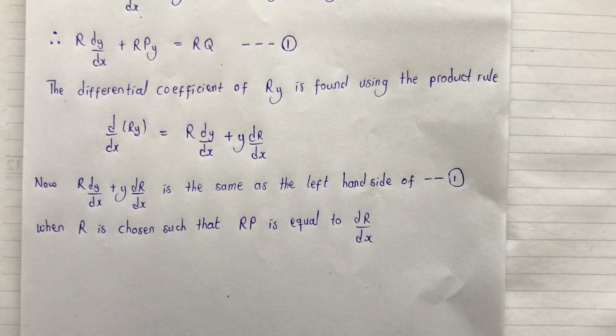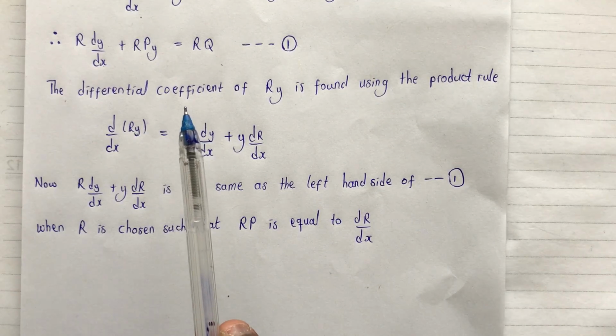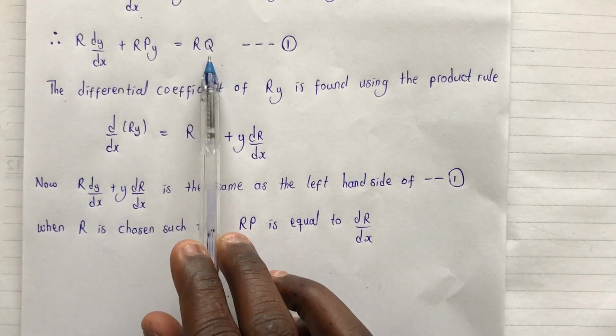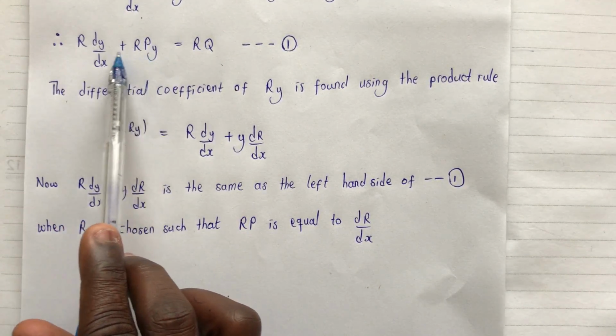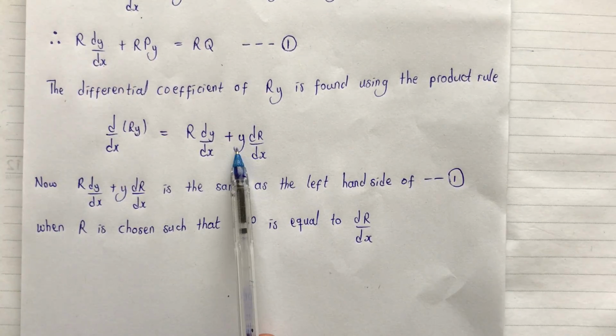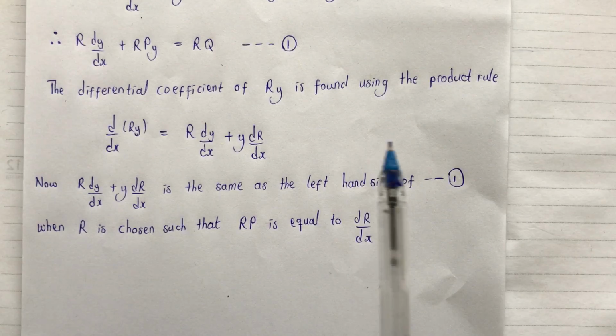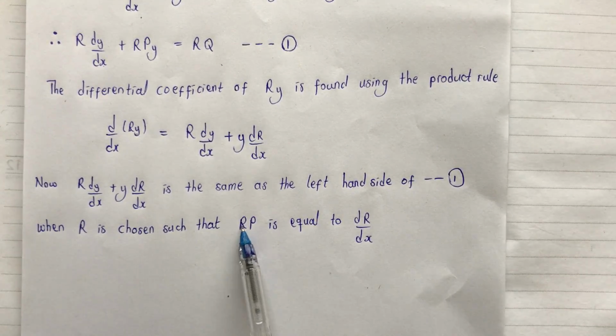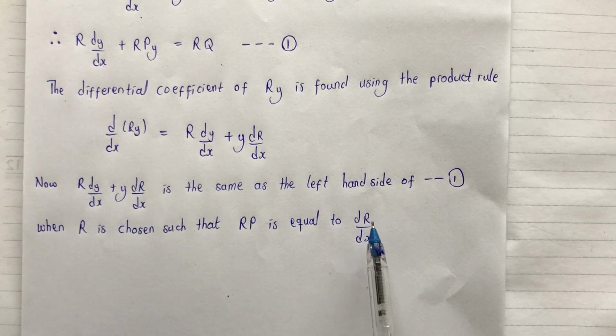Now, like I said earlier, listen very carefully. A linear first order differential equation is saying that the only way the left hand side of equation 1 will be equal to the differential coefficient is when we assume that Rp is equal to dR/dx.